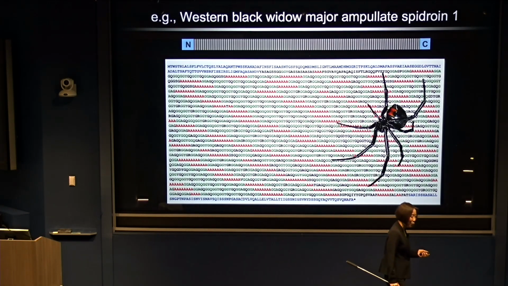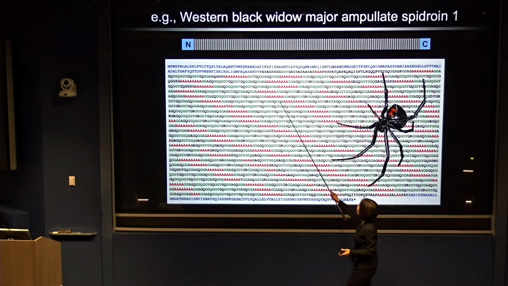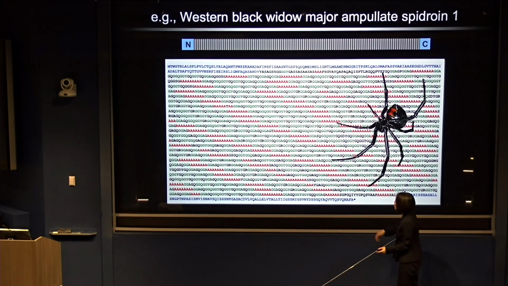So this is an example of a complete coding region of a spidroin. This is one of the major ampulate spidroins from a black widow, the western black widow, Latrodectus hesperus. I've shown here in blue the hallmark of the sequence of the amino terminal region, and down here in blue, that's the carboxy terminal region.